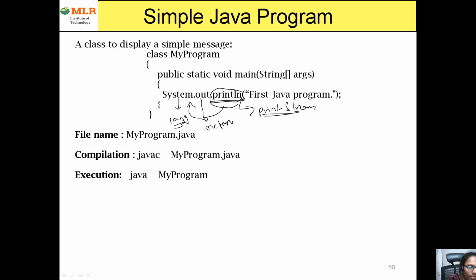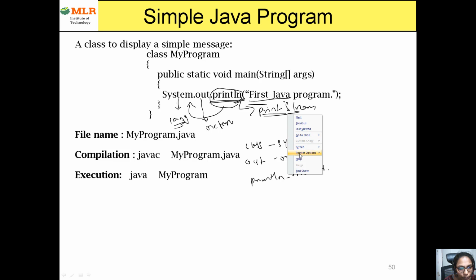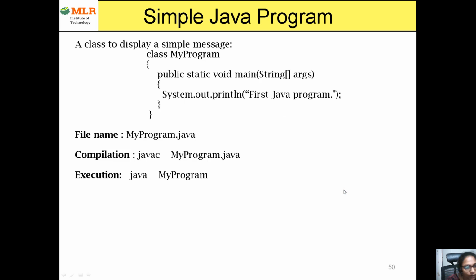System is a class, out is a reference, and println is a method to print some message. Whatever we write here will be printed, and ln means the cursor will come to the next line. This println method will take only one string argument. Whatever you want to write, put a double quote, and within double quotes write your message. So this is about a normal simple Java program.